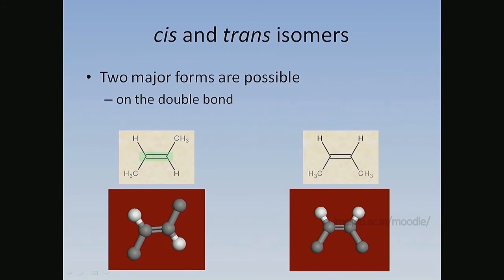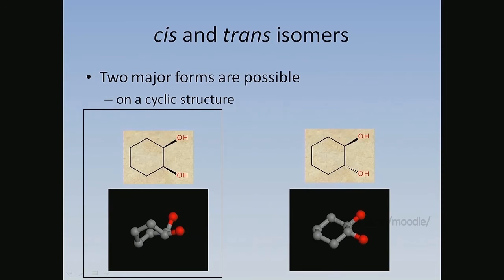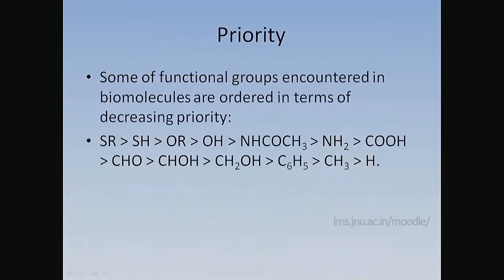The double bond is the bridge. So you have to always walk over the bridge to name the alkenes or alkynes. And if you take the cyclic system, we have cis and trans. Cis means both pointing towards the same side. Trans means one pointing upside and the other pointing downside.